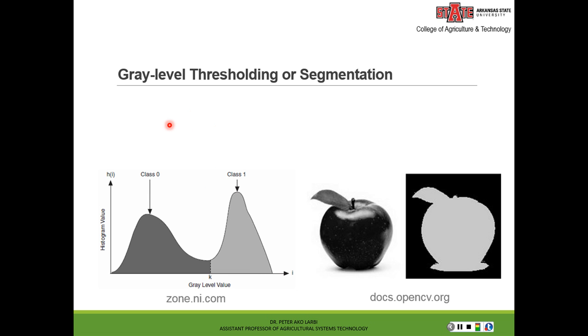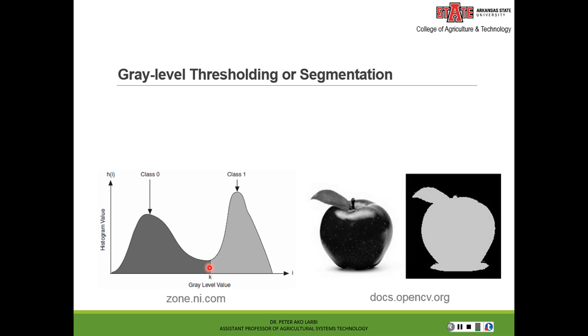And this is an example of such data, assuming this apple in a scene, and on the left is the histogram of this apple. We have two peaks, and this is only an example. One peak represents one class, another peak represents another class, and we identify a threshold value, or a point where we would separate the two classes.